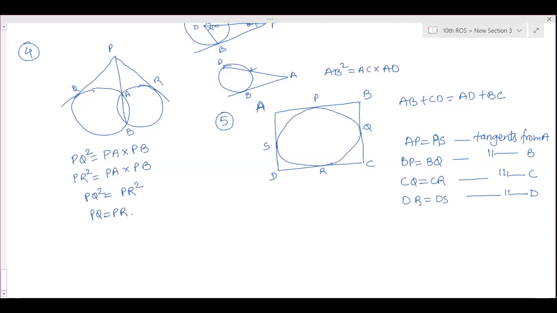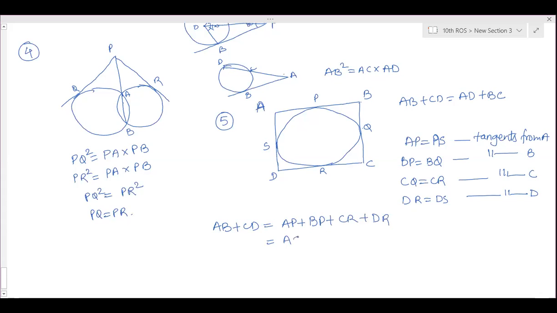This point's clear? Is this part clear? Why are they equal? Yes, ma'am. Now take AB plus CD. We have to show this is equal to AD plus BC. So first we will write AB plus CD is equal to AP plus PB, plus CR plus DR. Now substitute its equal parts.